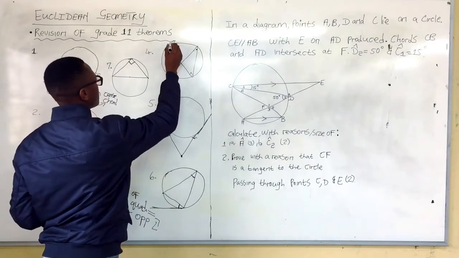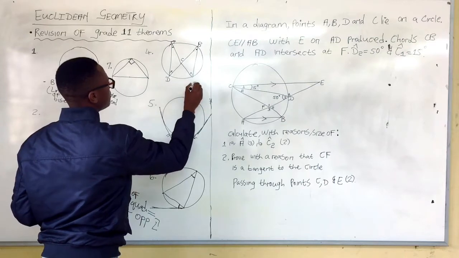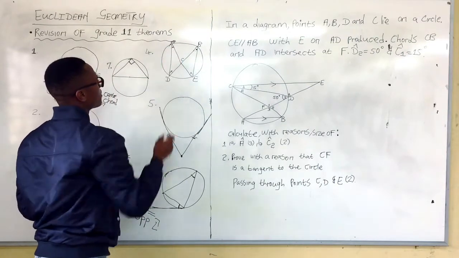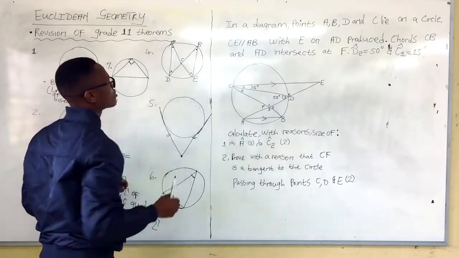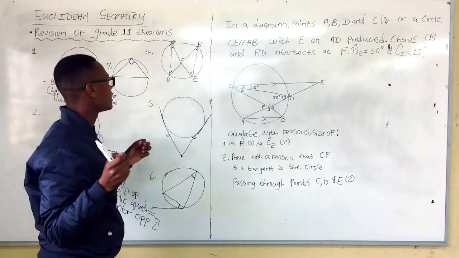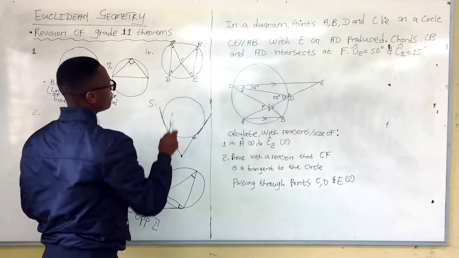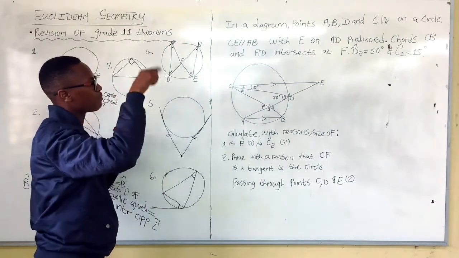So let's say we have A, B, C, D, E. According to this theorem, angle A must always be the same as angle B because they are on the same segment. And then again, angle D is always the same as angle E because they are on the same segment. You can see that inside the letter M.